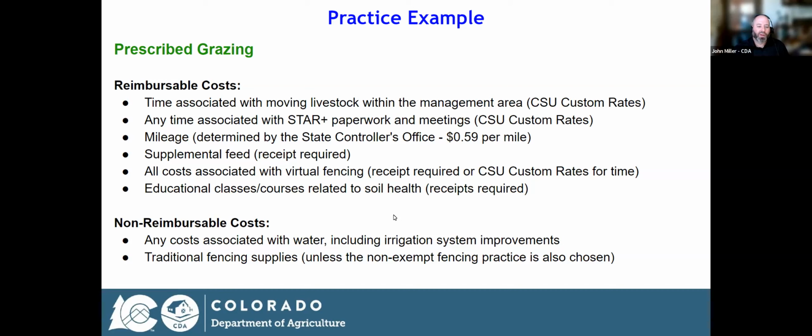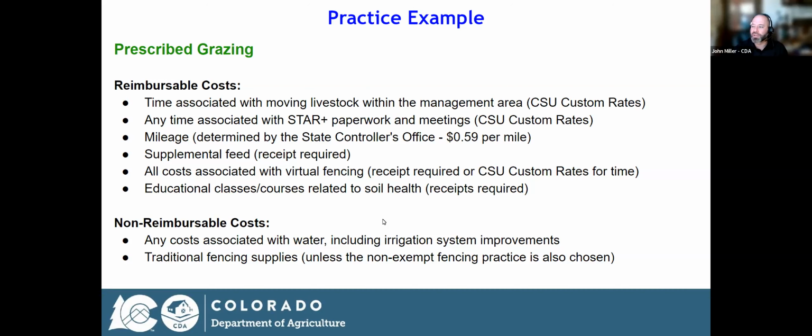Non-reimbursable costs, again, any costs associated with water. This would include livestock watering in the scenario that has livestock here, irrigation system improvements, water leases, and water purchases. And then also non-reimbursable costs in this scenario would be traditional fencing supplies, unless they also chose the fencing practice, which is a non-exempt practice.